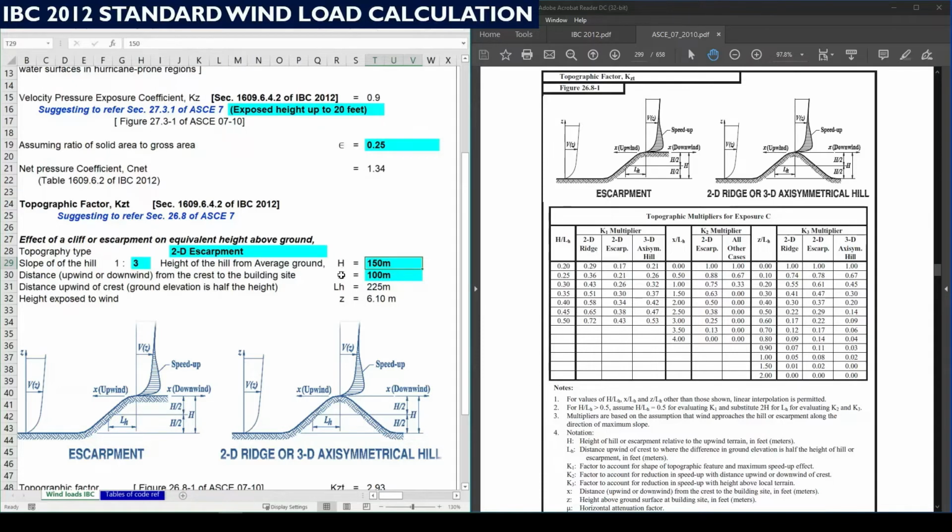The H, X, L_H and Z values are shown in this picture, except that the Z value is not shown. Z is the height exposed to wind.